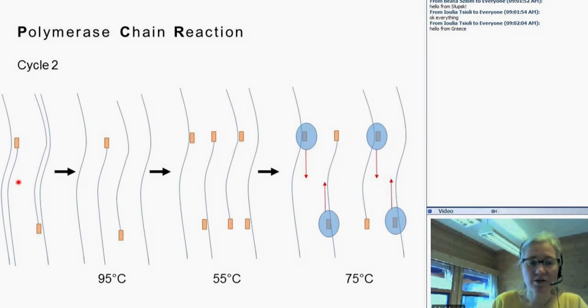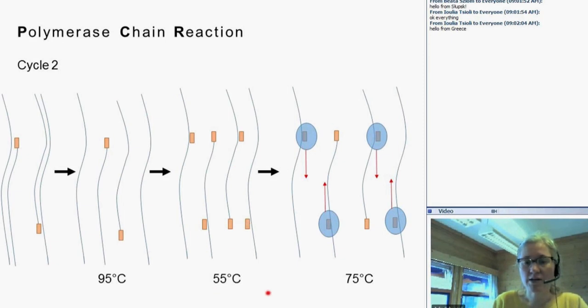And then we have cycle 2. So again, the DNA is heated up to 95 degrees. So this double helix detaches itself from itself. The hydrogen bonds break, and you have 4 individual strings of DNA. The marker DNA, the string of nucleotides, comes and attaches itself to the certain part in the DNA here and here and here.